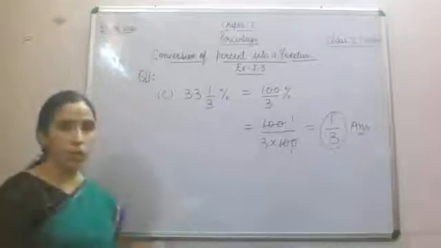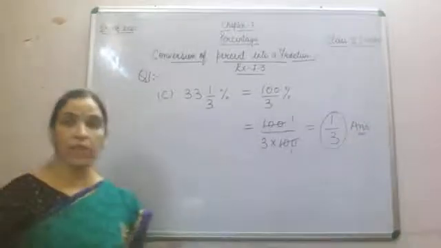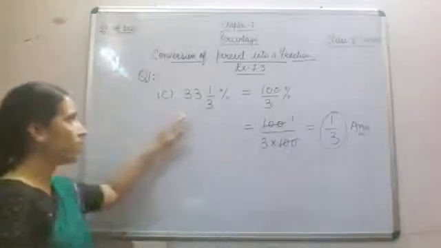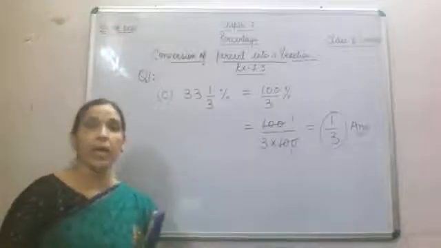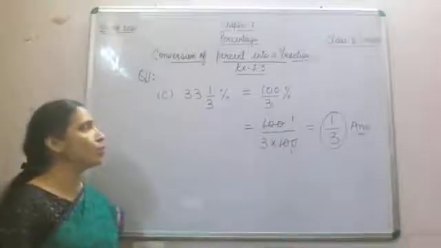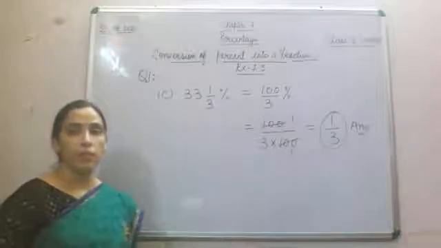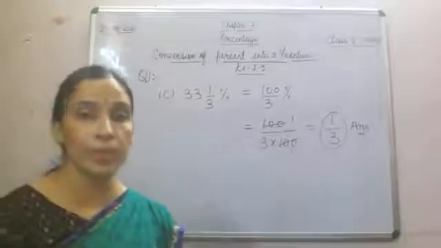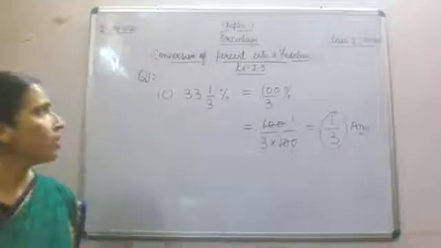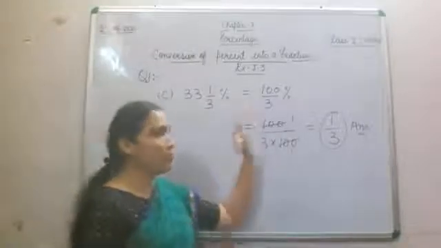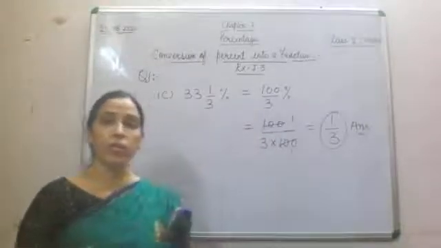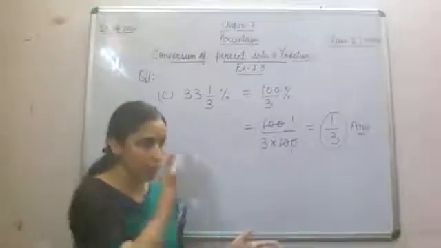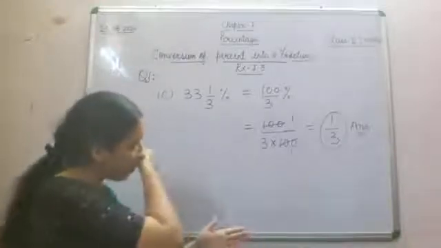So what is given to you? You have been given a mixed fraction, that is 33 1 by 3%, and you are supposed to change it into fraction, and fraction in its lowest term. So we will write it as an improper fraction, because a mixed fraction is always changed into an improper fraction. Now what is an improper fraction?